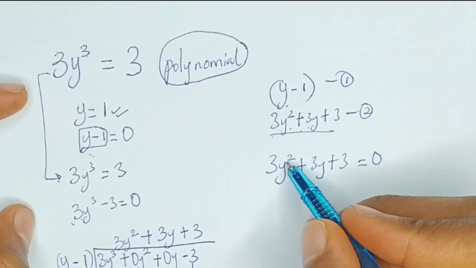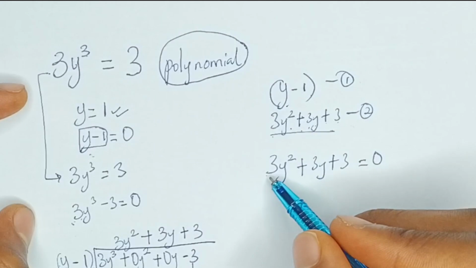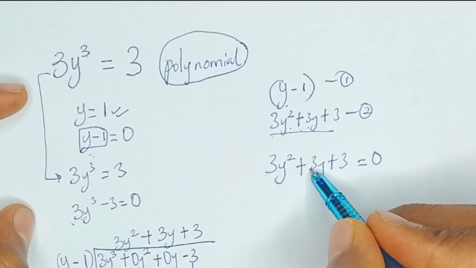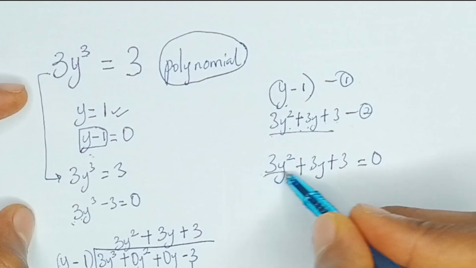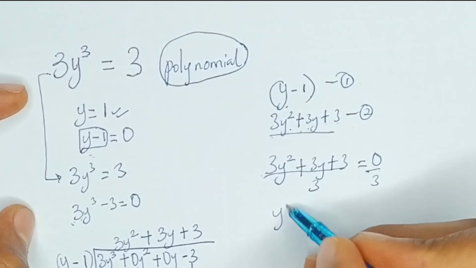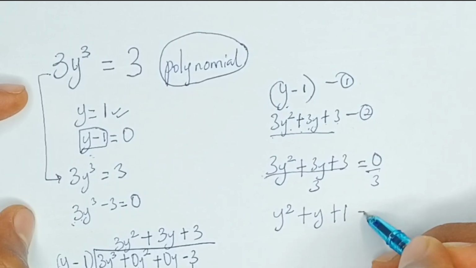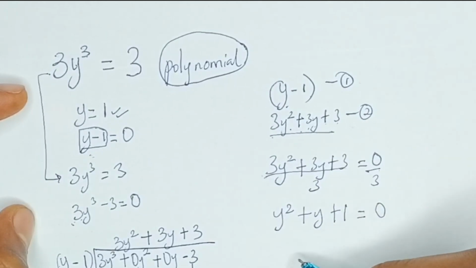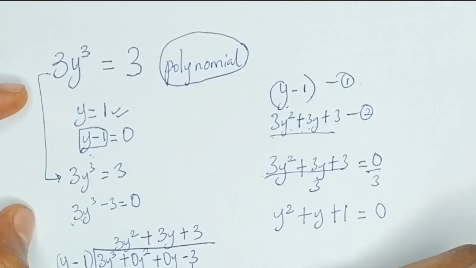If you can notice here, this becomes a quadratic equation. But then you see that we have 3 here, we have 3 here, we have 3 here. So this can easily be divided by 3. Dividing both sides by 3, we have that y squared plus y plus 1 is equal to 0. Now, looking at this equation, you cannot factorize it.